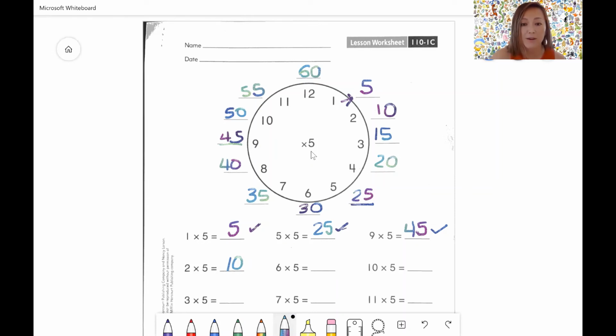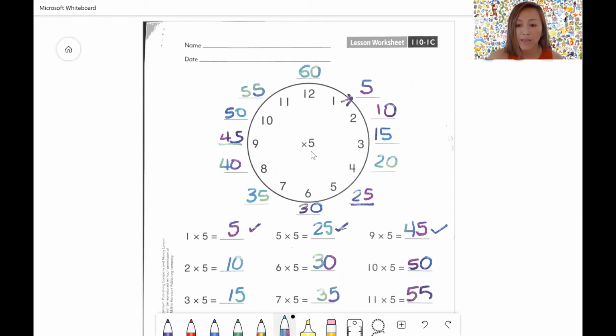Look, I can see it right there. 6 times 5, 30. 10 times 5, I'm gonna look for 10, and the 10 is pointing to the 50, which is 10 times 5 equals 50. 3 times 5, okay, here's 3, which gives me the answer of 15. 7 times 5, here's 7, gives me the answer of 35. 11 times 5, oh, here it is, pointing to the 11, I have 55 right next to it.